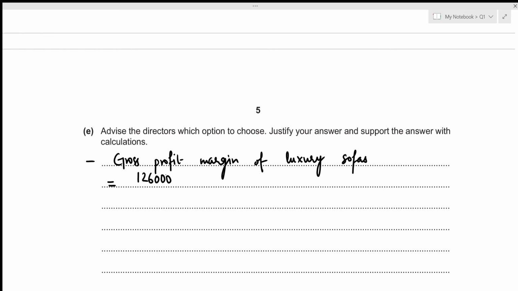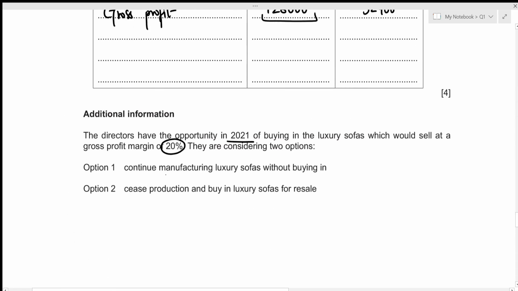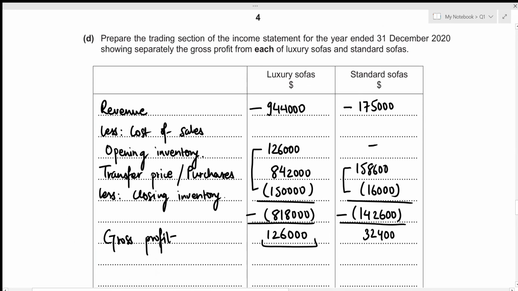Now let's have a look at this trading section. So what we know is that we deducted our transfer price, right? Because that's a part of cost of sales. So we obviously deduct this in order to figure out our gross profit. But what we also know is that the transfer price also included our profit, and which means that we also deducted the profit in order to figure out our gross profit.